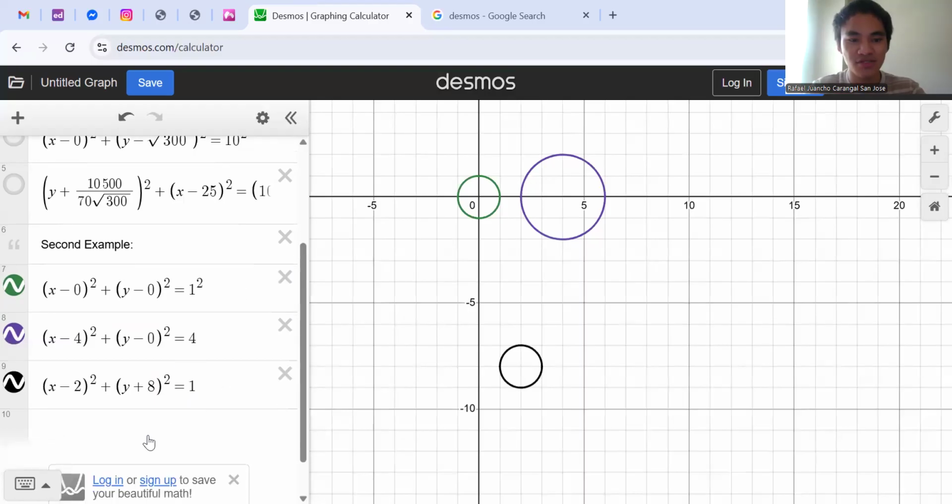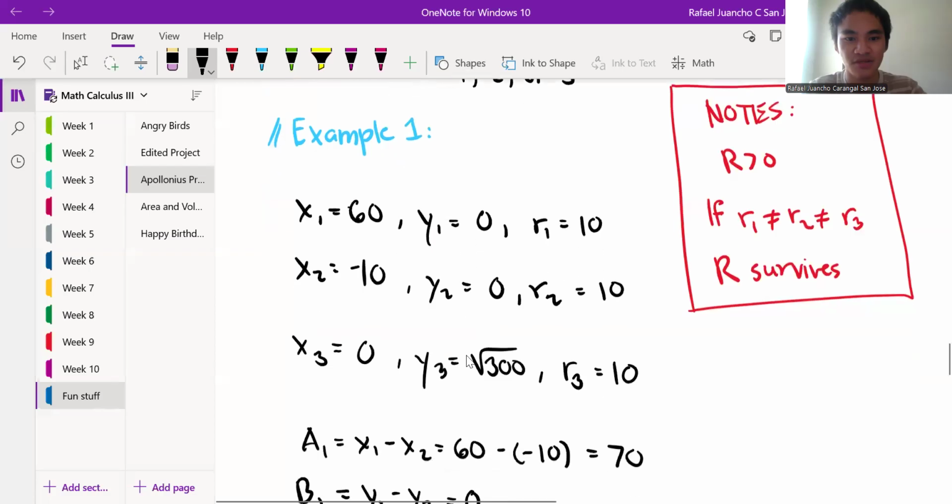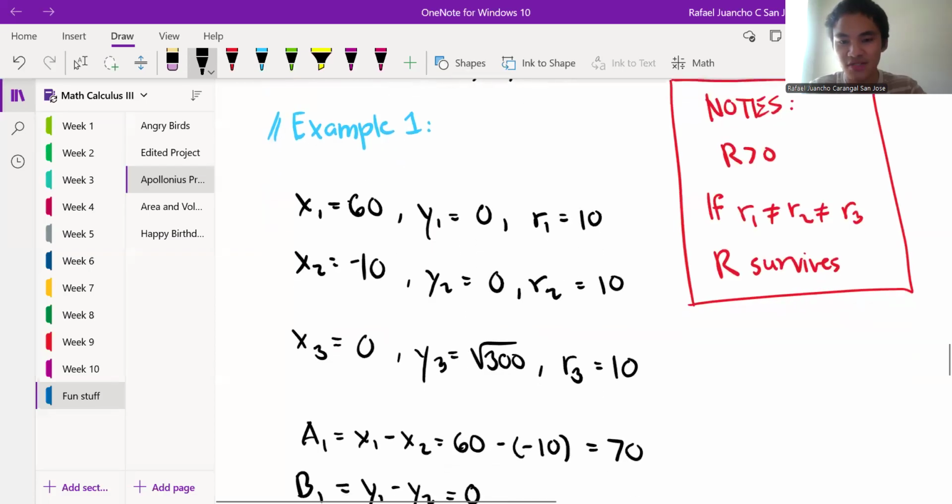Okay. So these are really just a bunch of random points. I have no idea what the circle will look like. Let me see. If we go back to my example here, and if we were to copy this, I have three circles again, right? Am I sharing it? Okay.